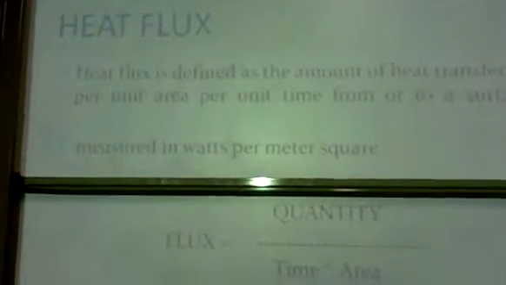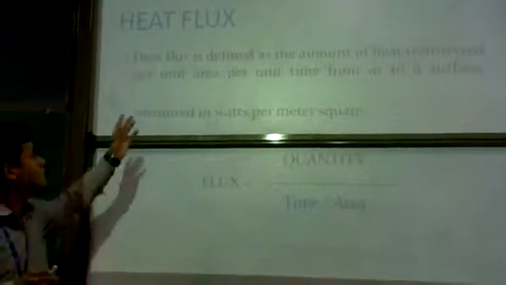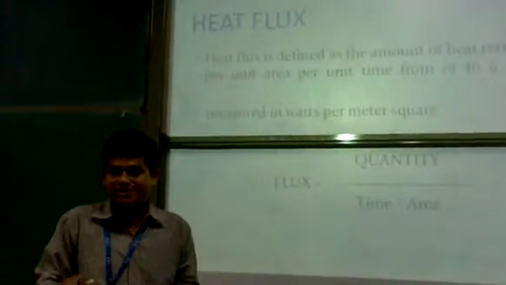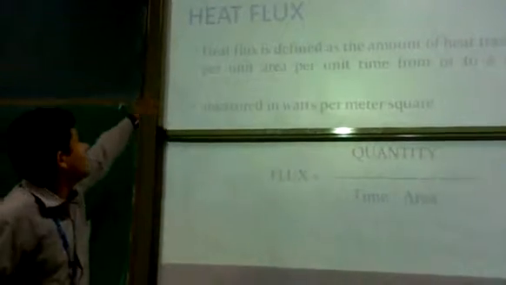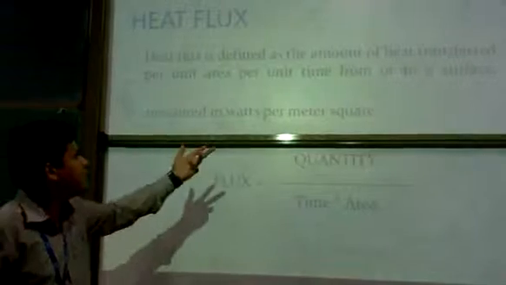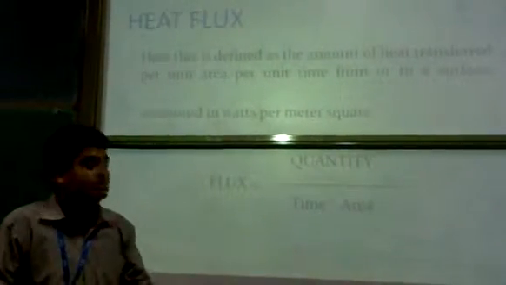Next, heat flux. What is flux? Heat flux is a similar phenomenon to magnetic flux. When two coils carrying electrical current are near each other, one generates flux which is linked with the other coil. Like here, heat flux is defined as the amount of heat transfer per unit area per unit time from the surface.